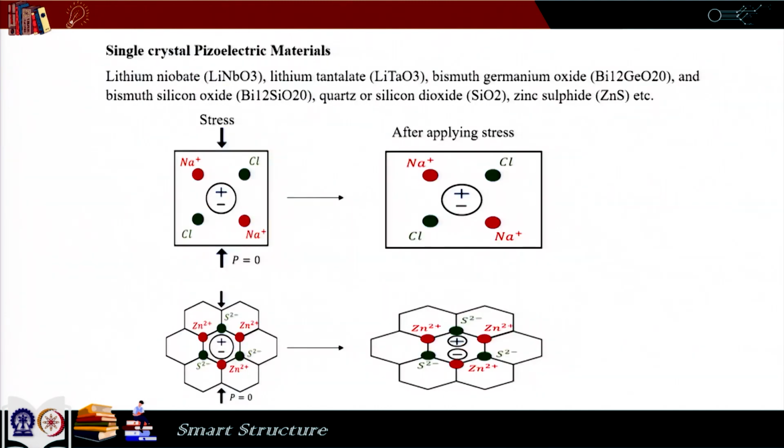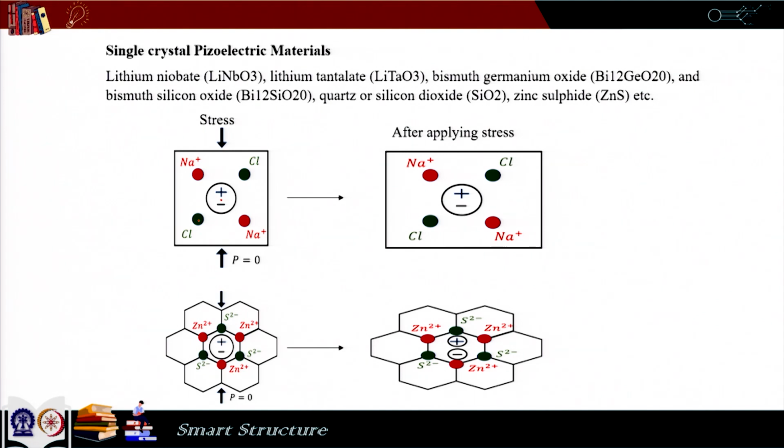Now, the question is, what does this absence of centrosymmetry have to do with piezoelectricity? That we can understand by these two examples here. Here we have NaCl, it is centrosymmetric. So, the centers of the positive charge and negative charge coincide.